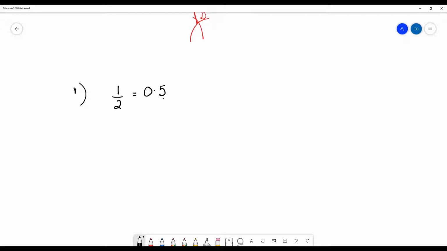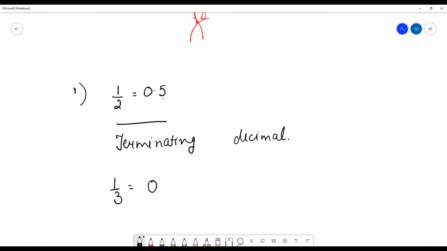This means the number is a terminating decimal. Now if we take a number, for example, 1/3, the result is 0.333 and it goes on in the same pattern. So this is 0.3 bar.